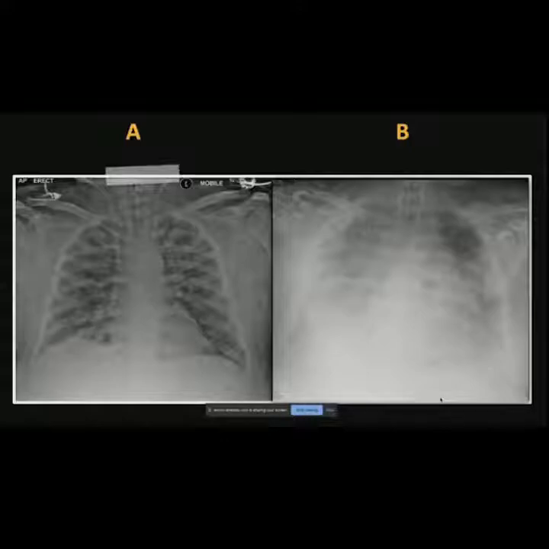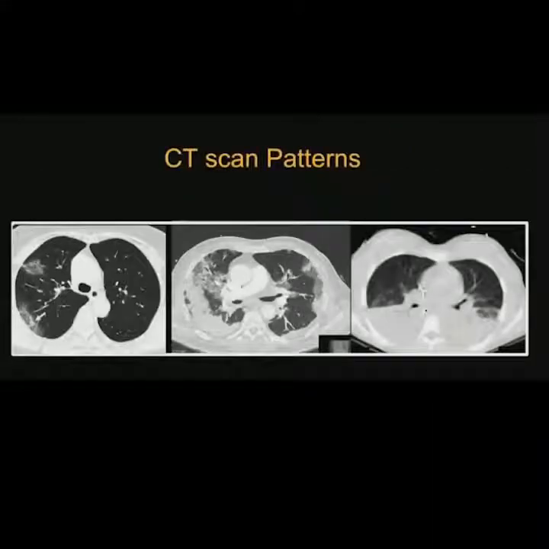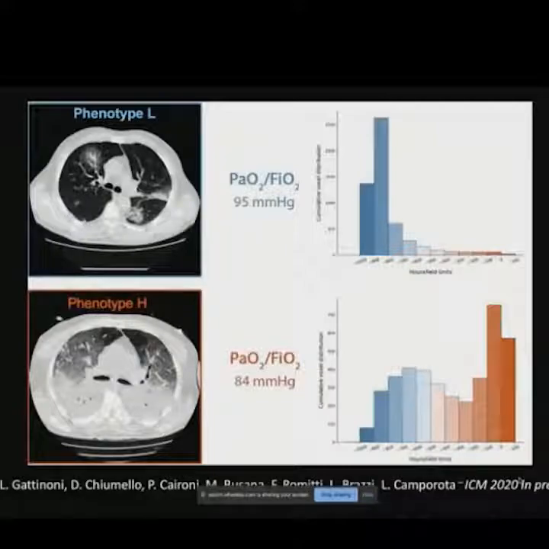Also on CT scan, you could see a patient with ground glass opacities to the left here, but then on the right, you see patients with a pretty diffuse consolidation bilaterally, more significant of an ARDS-like picture. So the author actually called the patients on the left with ground glass more of a COVID-19 pneumonitis versus an ARDS-like picture. So that's essentially what the author was focusing on during that lecture.